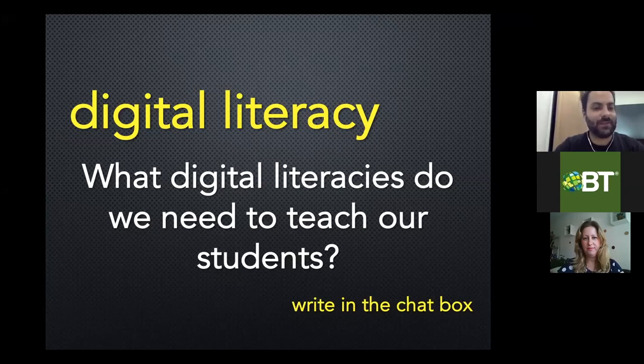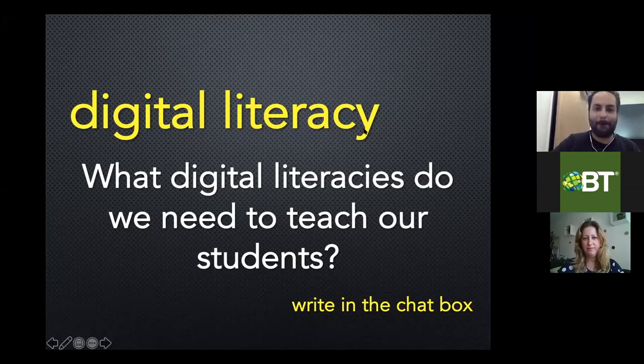Mute, unmute themselves, how to share the screen, how to use an online dictionary, sources, chat box. Yes, researching and checking if info is true and relevant, how to use an online dictionary. Yes, yes, yes. So many people talking about checking relevance and the source of information in these times of fake news and everything. This is definitely something we want to help our students develop.